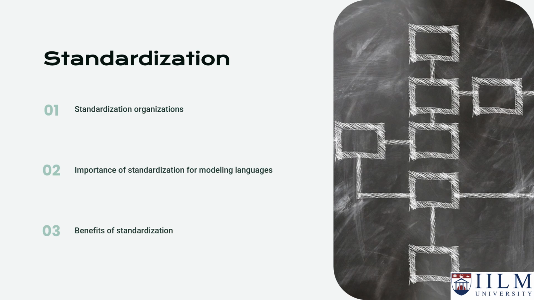Why is the importance of standardization there? Because if there is no standardization, there can be a problem of degrading the implementation standard, and implementation can go wrong or be erroneous.